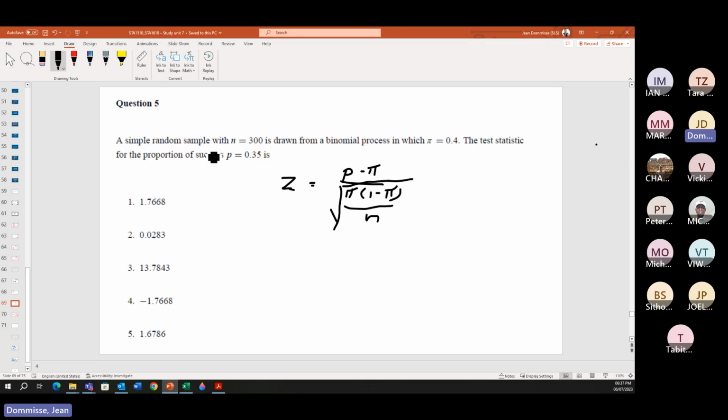Okay, so they tell us what the p is. It is 0.35. They tell us what the pi is. It's 0.4.